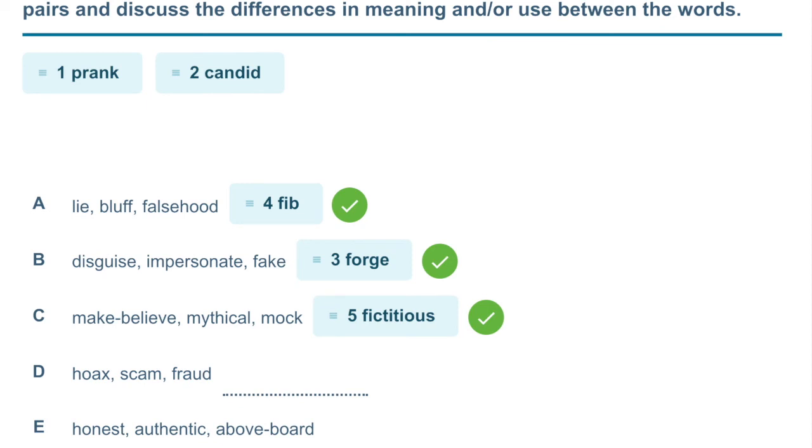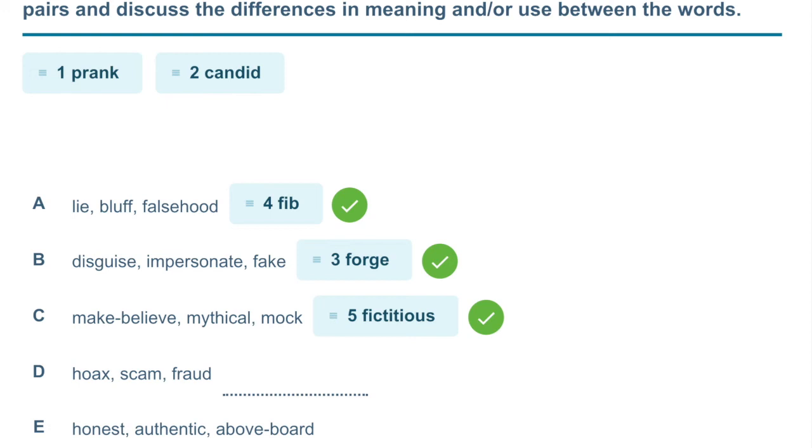Now, what's the difference between B and C? Well, B could definitely be connected to something criminal, something that is not legal. However, C, something that is make-believe or mythical or mock or fictitious, does not necessarily mean that it's wrong or it's illegal, right?